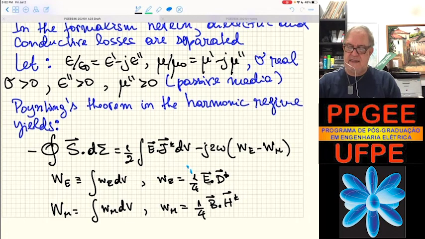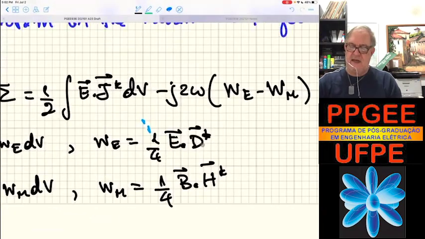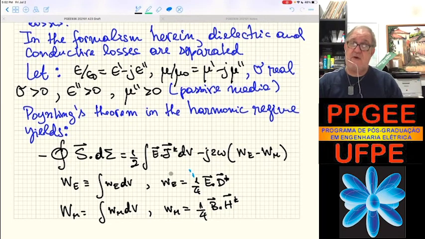And the energy densities are those ED conjugate, BH conjugate. And these are complex numbers, recall that, right? Because D and E are related by a complex permittivity parameter, B and H by a complex permeability parameter.